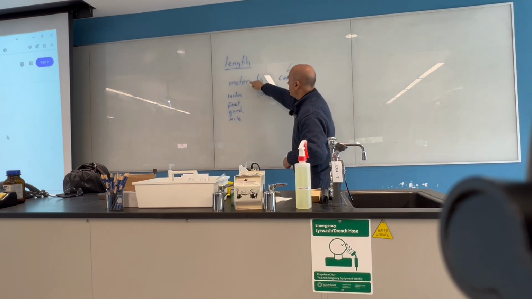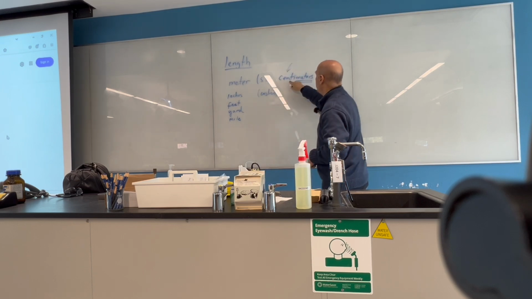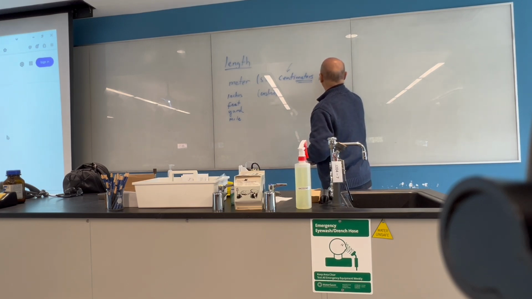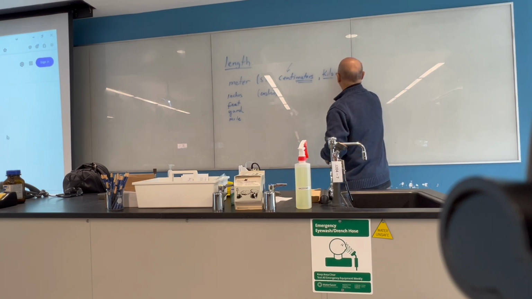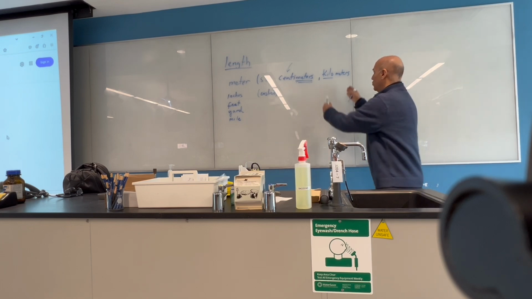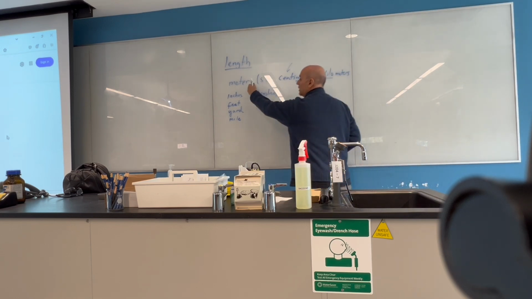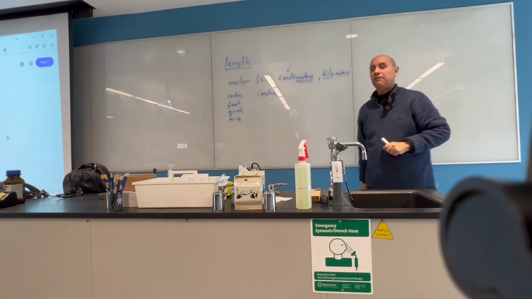If I want to measure something very small in the SI system, I use a prefix to tell me I'm measuring things 100 times smaller than a meter. If I want to measure something large, I use another prefix. This one means 1,000, but it's still the meter. This is just much bigger than a meter, but it's still in the same type of measurement.